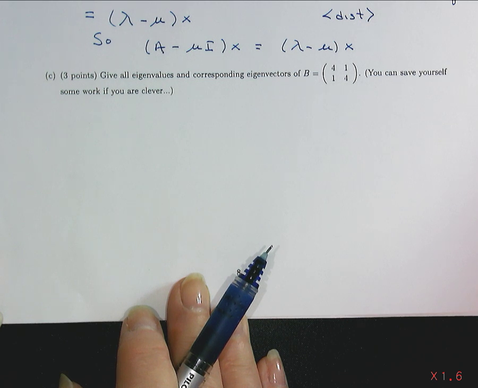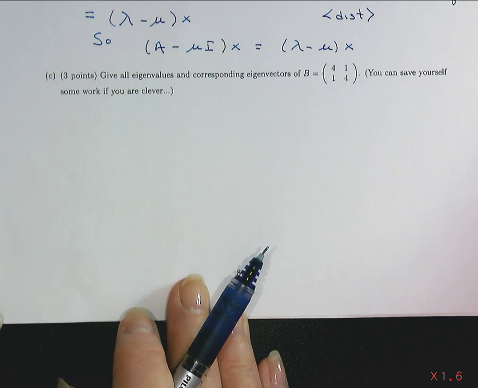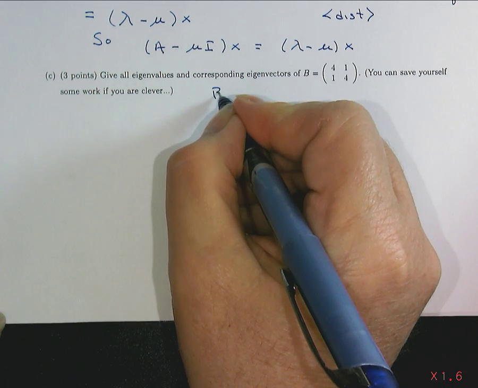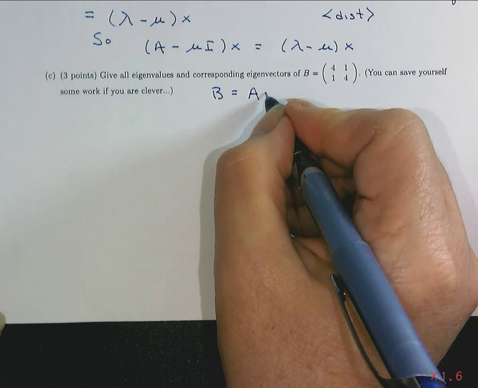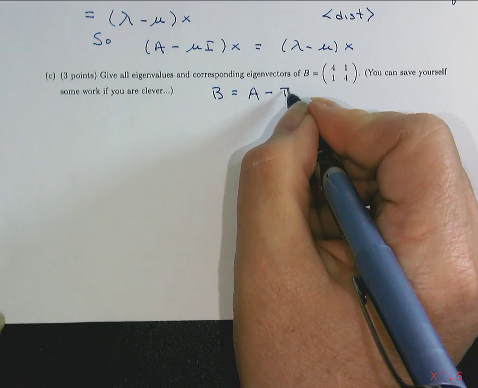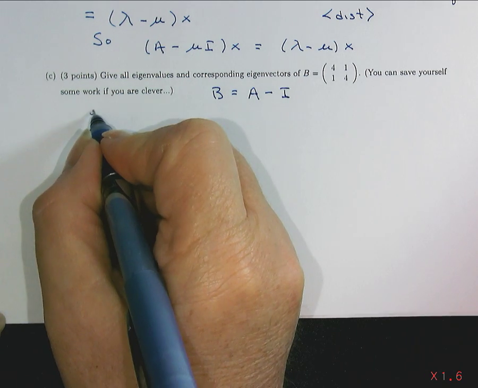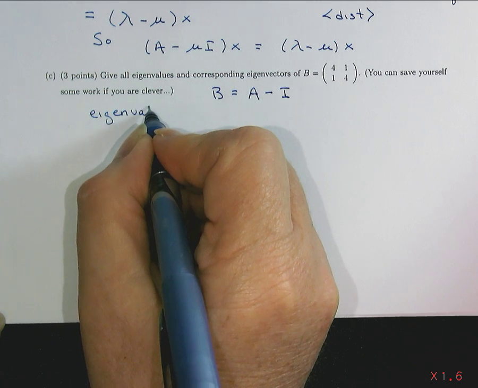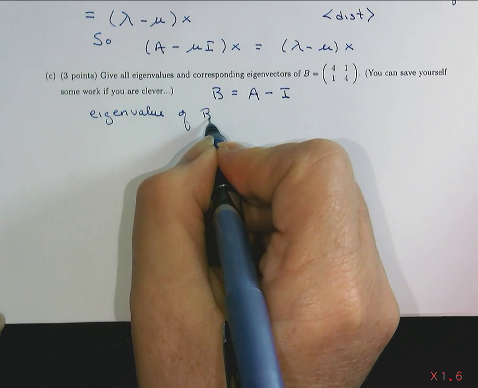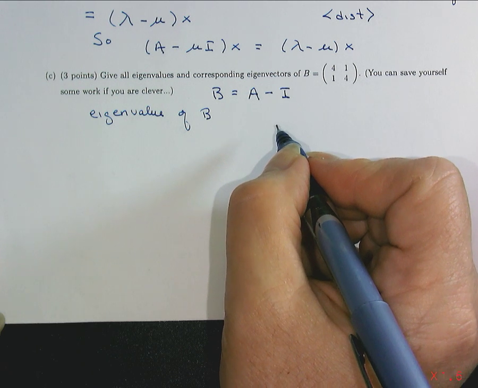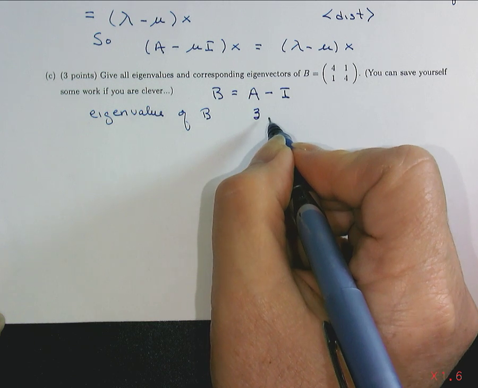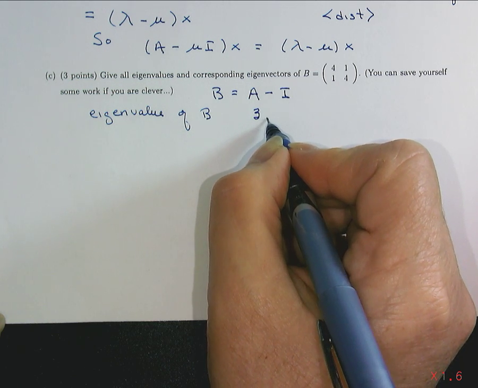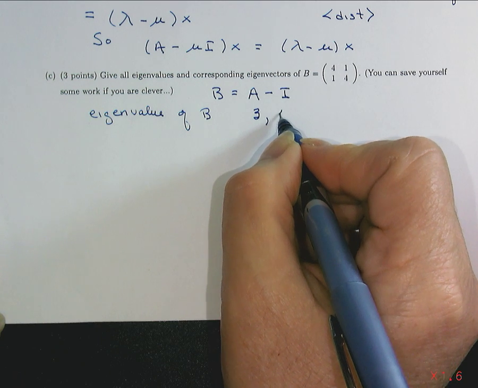Well, that means if I noticed what I was actually proving in part B, and we are clever, so we notice that B is actually equal to A, the problem we did in part A, minus 1 times the identity, which means the eigenvalues of B must be the same eigenvalues as A minus 1. So the eigenvalues of B must be 4 minus 1 and 6 minus 1.